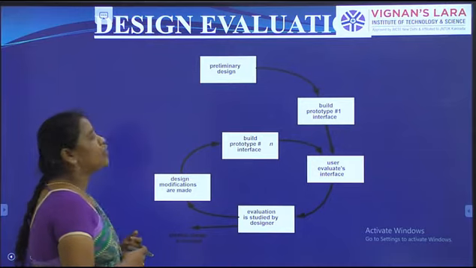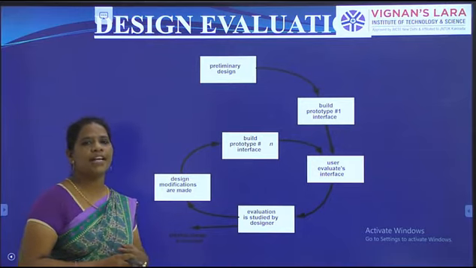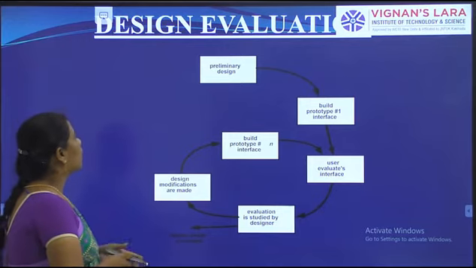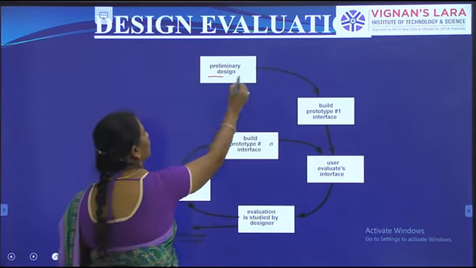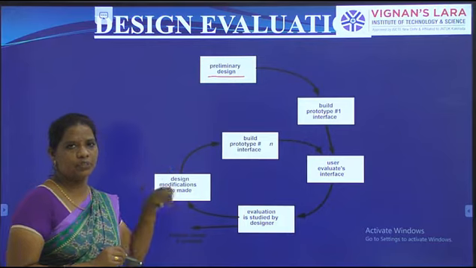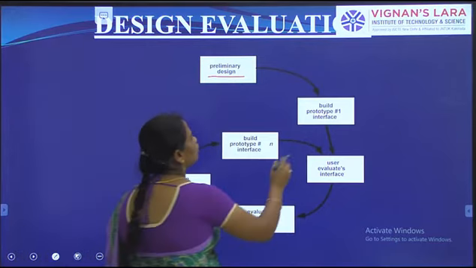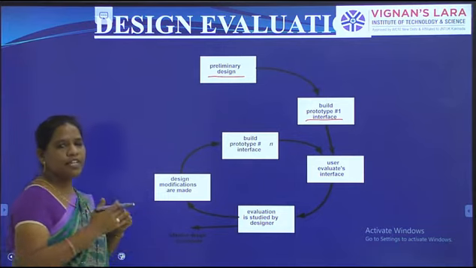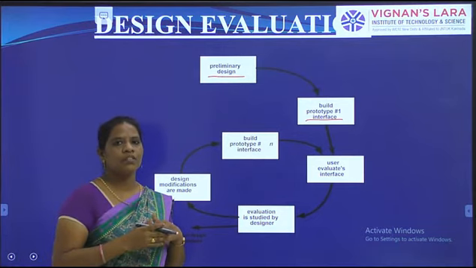So design evaluation. How can we perform the design evaluation? This is the diagram for the design evaluation. First we have to go for the preliminary design, a rough design. Then we build prototype one of the interface.